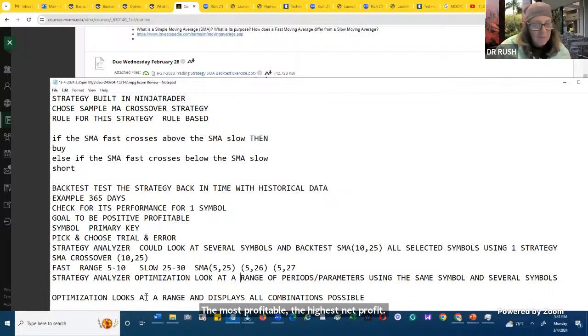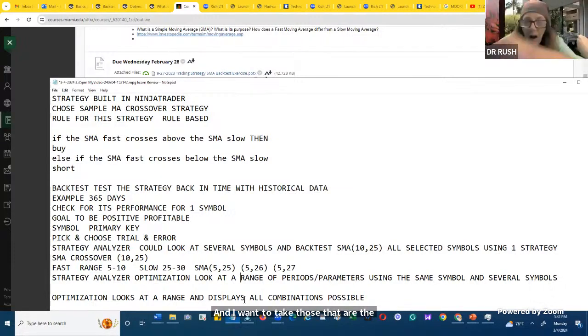So optimization looks at a range and displays all possible combinations, and I can sort it by net profit. And usually what do I want to do? I want to sort it in descending, so the top rises to the top. And I want to take those that are the top symbols, and then I can proceed.